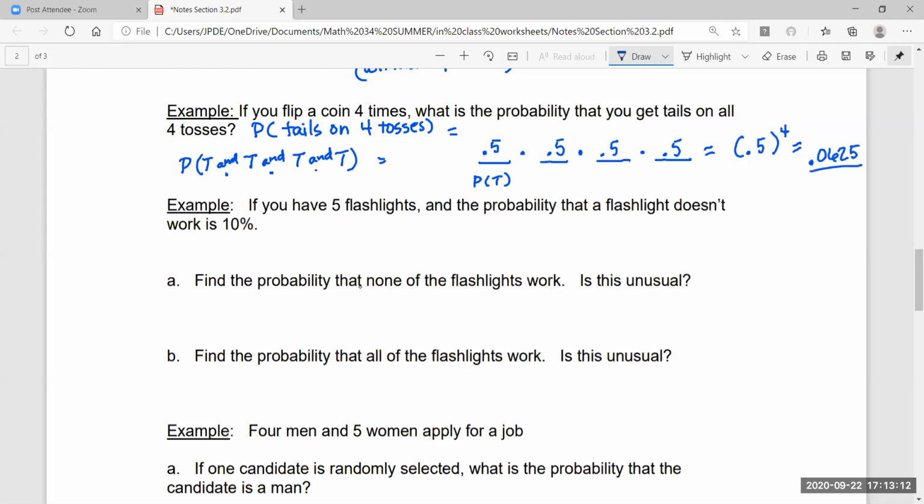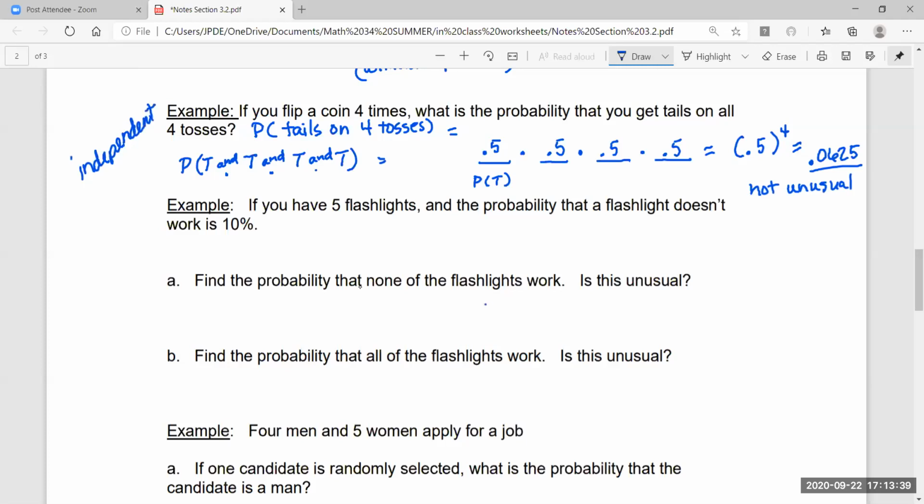Is that unusual? No. So you could get 4 tails in a row, in theory. It's low, but it's not unusually low. Again, compare it to 0.05. It's bigger than 0.05. And again, these are independent.